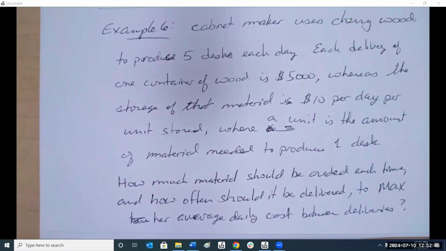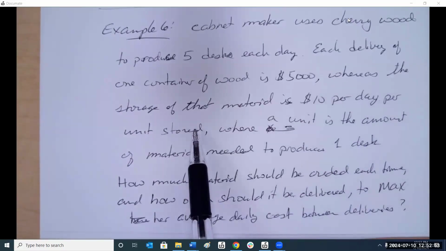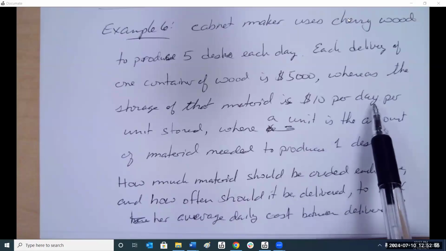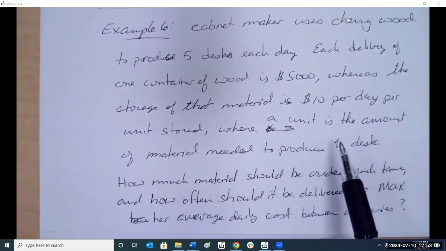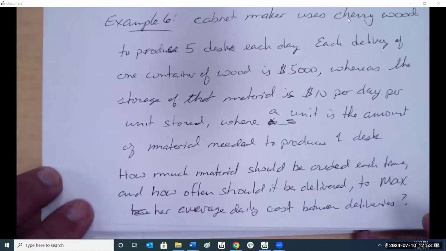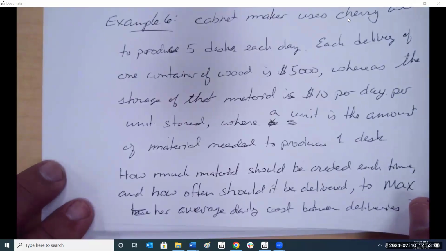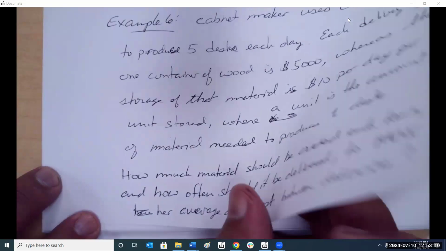Each delivery of one container of wood is $5,000, whereas the storage of that material is $10 per day per unit stored, where a unit is the amount of material needed to produce one desk. How much material should be ordered each time, and how often should it be delivered to maximize her profits, her average cost?